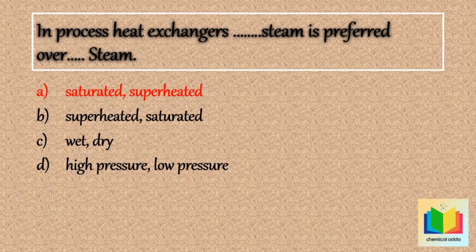Hence, in a heat exchanger for the given heat duty, the area required for saturated steam will be much less than for superheated steam. This is the reason we use saturated steam in a heat exchanger. That's why, in process heat exchangers, saturated steam is preferred over superheated steam.